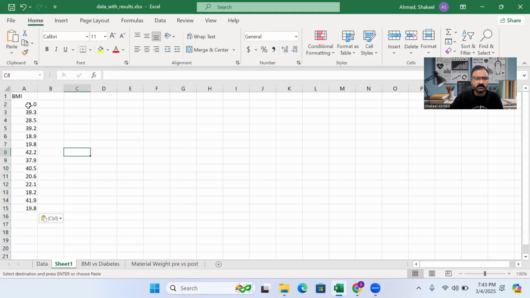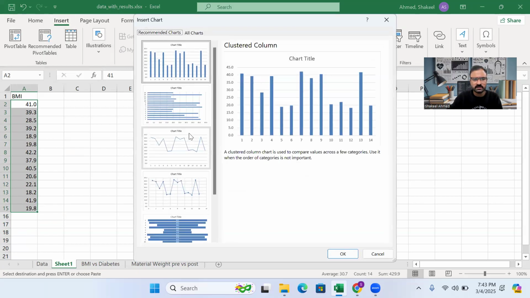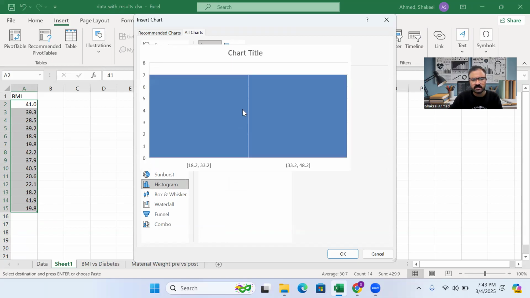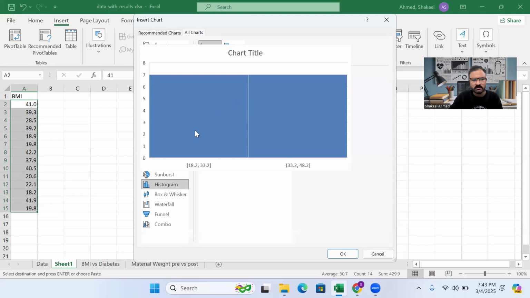So one option is to just make a histogram. You can do it using the histogram option, recommended charts, all charts, and then make a histogram. But the data is very little, and it's not making a perfect histogram.